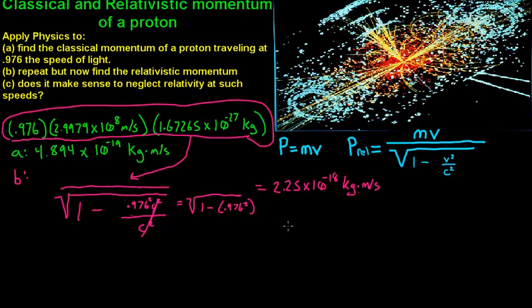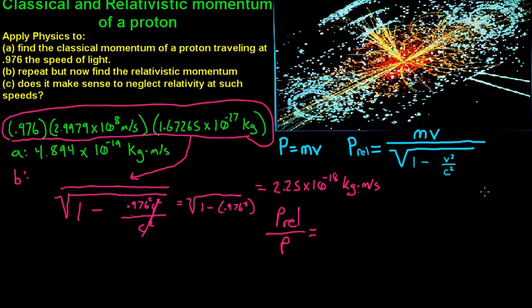But if you were to try to figure out how much more momentum you get when you use the relativistic equation over the classical equation, you're simply going to take the answer from what you get here over P. And this is going to give you a factor.